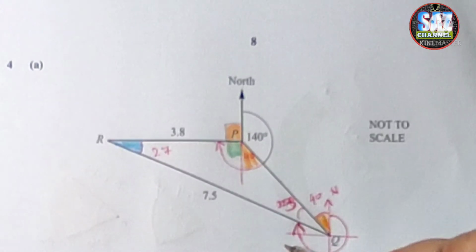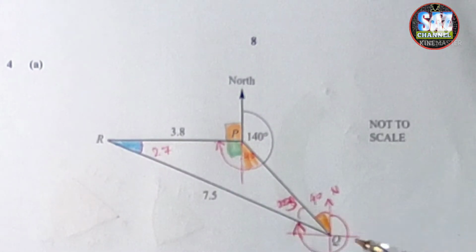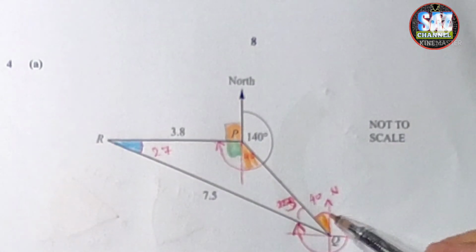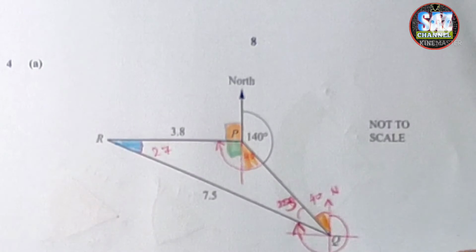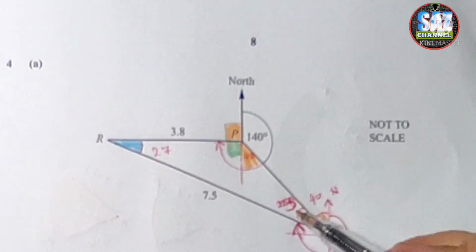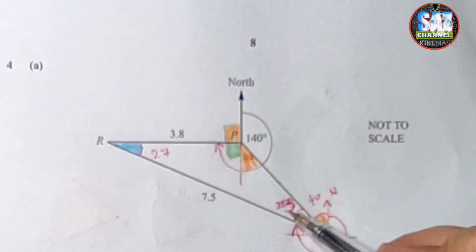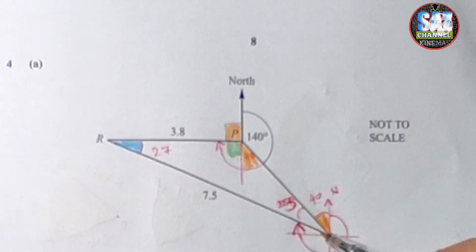So for that purpose, we can see which turn we have to take: we have to subtract this total angle, that is 40 plus 23, from 360 degrees.